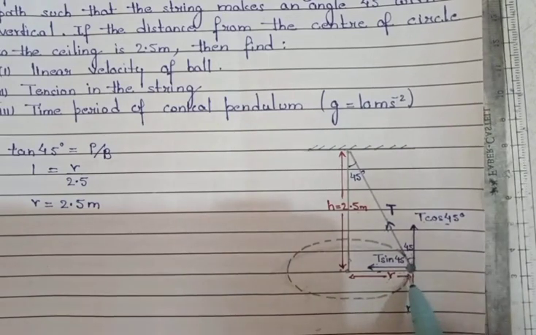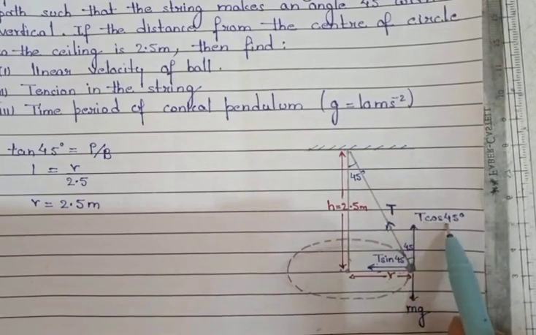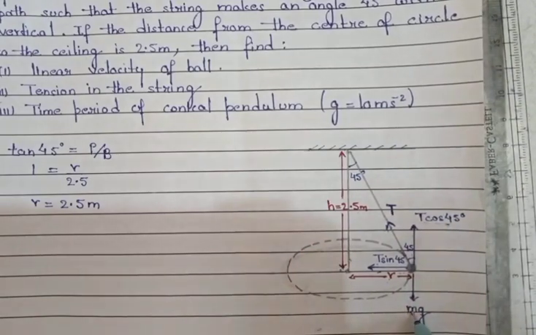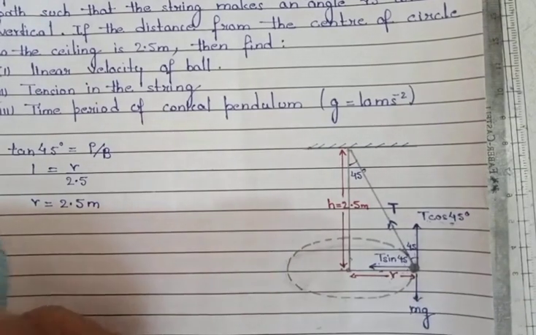In equilibrium, the component T cos 45 will be balancing mg, and the component T sin 45 will be providing the necessary centripetal force.